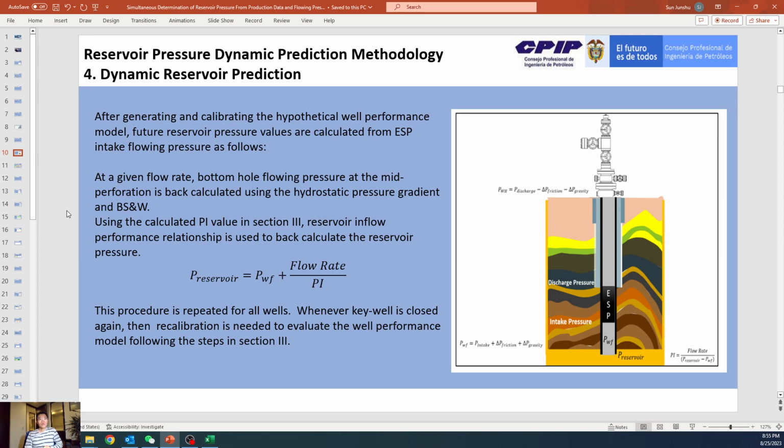This procedure is repeated for all wells. Whenever a key well is closed again, recalibration is recommended to evaluate the well performance model following the steps in section 3.